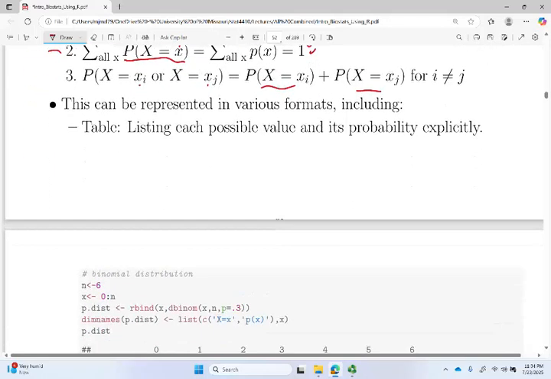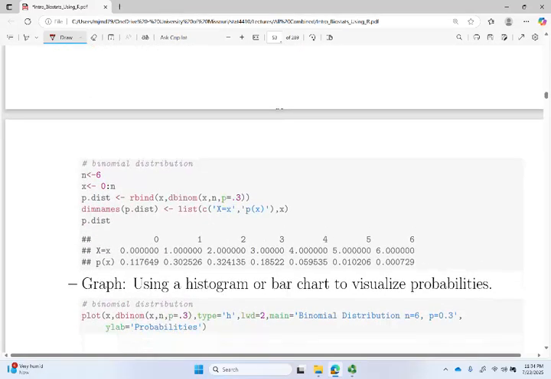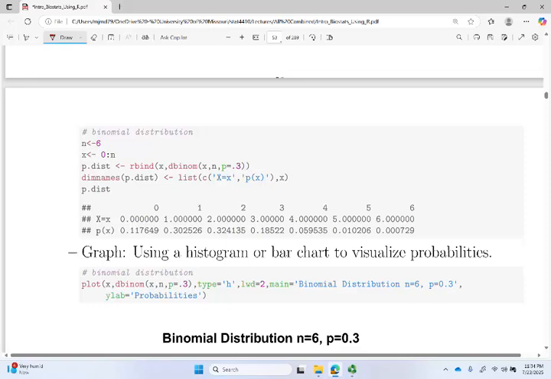Now, as mentioned, it can be represented in various formats, including a table listing all possible values. So here's using R to create a table. n is 6, and that's going to be the parameter in a binomial distribution, which we haven't discussed yet. The x values can take on 0 to n.